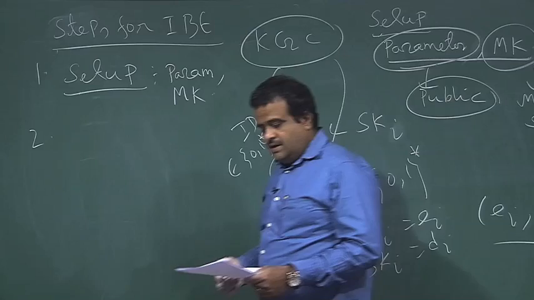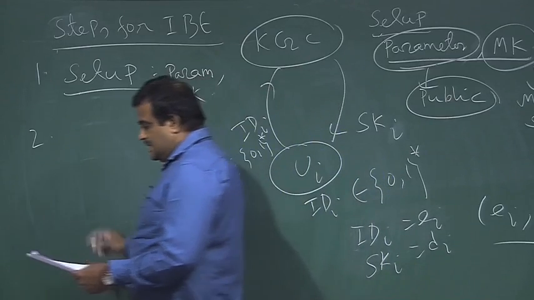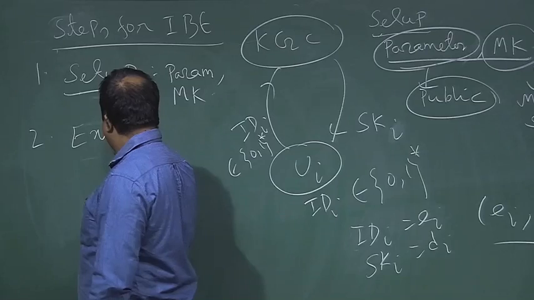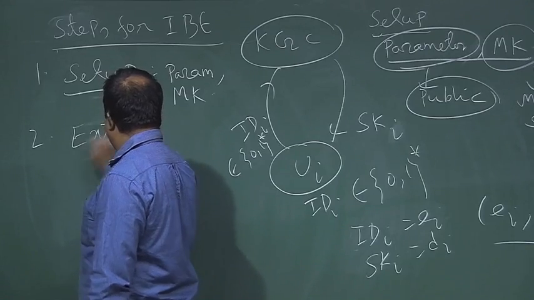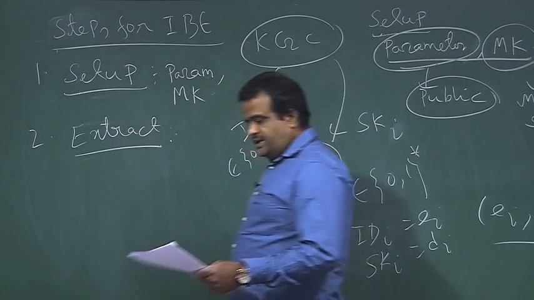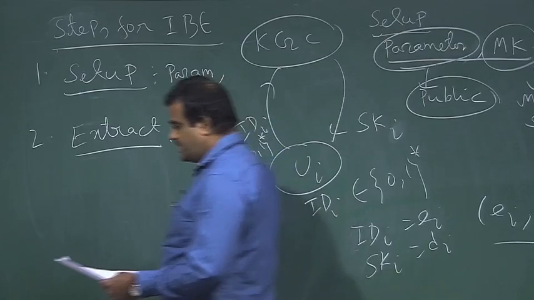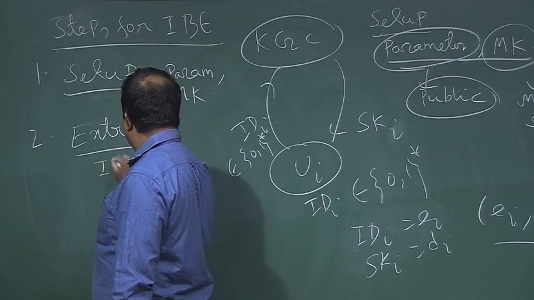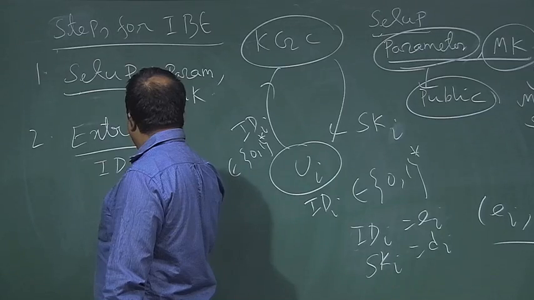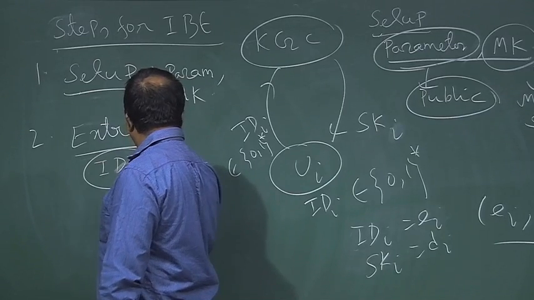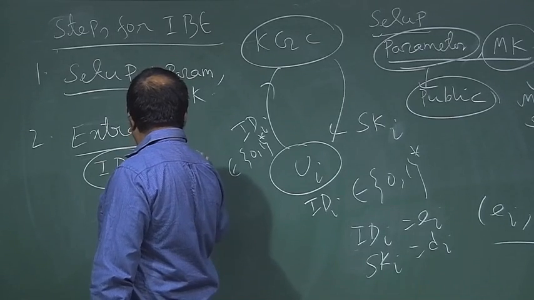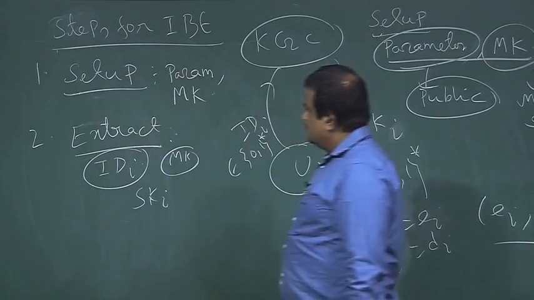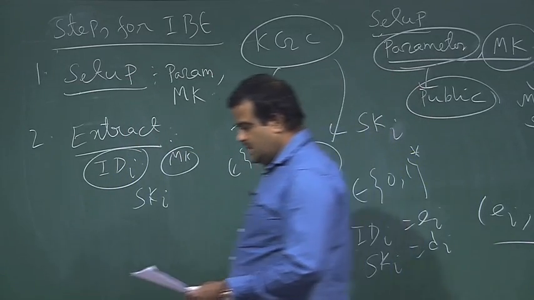Then the key generation step is named extract. We use the master key and the ID of user 1, and we should be able to generate the secret key of the corresponding user.